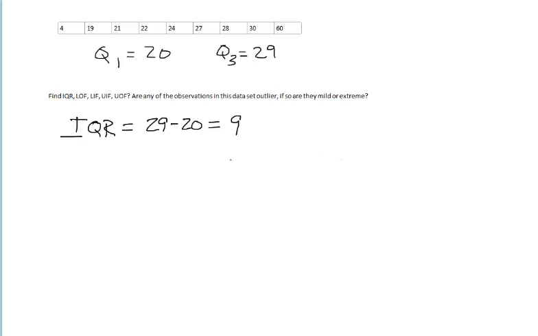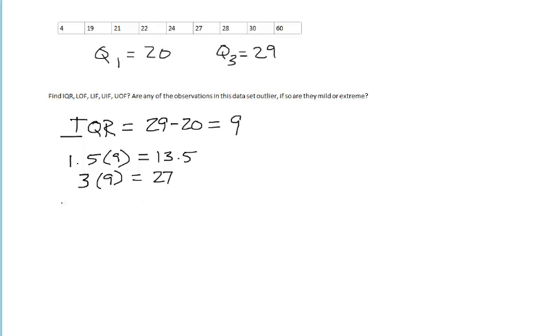Now, instead of doing all those formulas, and writing them out like I had the fences, what I like to do is find 1.5 times IQR, or in this case 1.5 times 9, and I like to find 3 times 9. So that way I can just keep inputting it into the formulas. So we have 27 for this and 13.5 here.